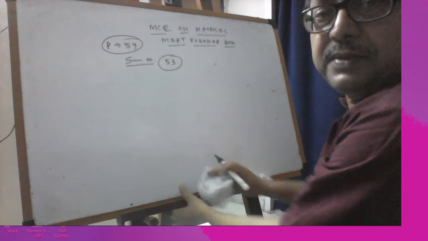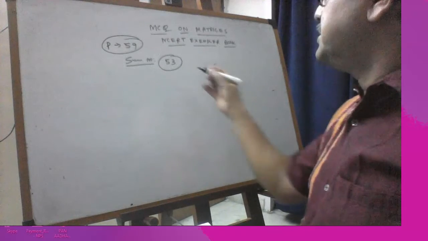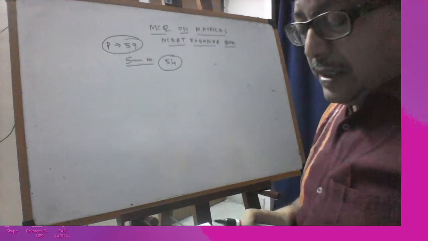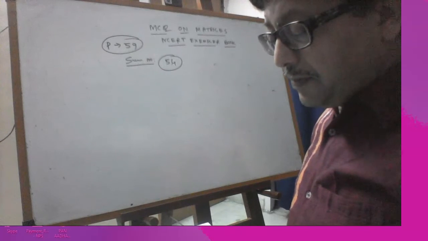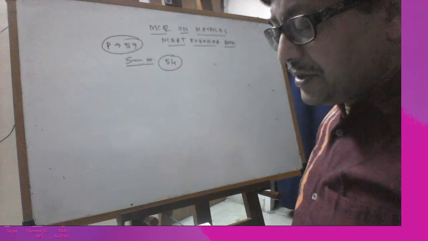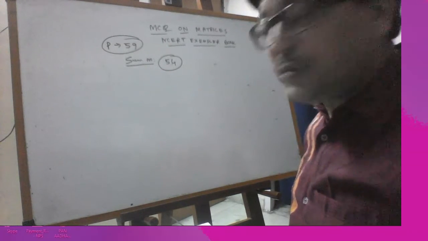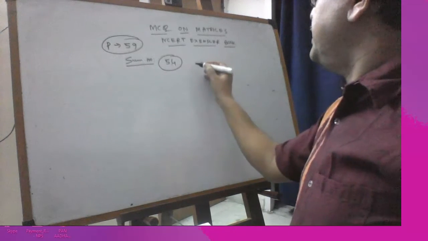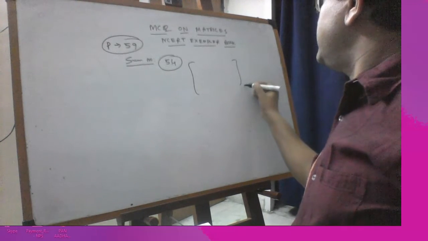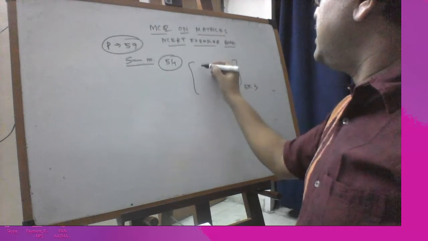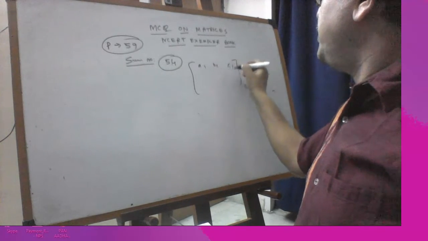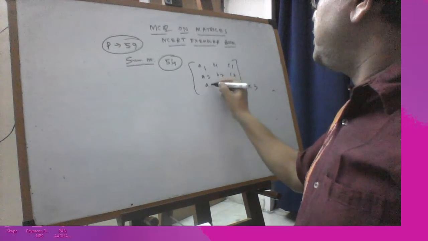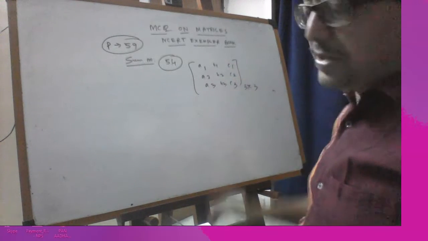In sum number 54, you can see that they have asked the number of possible matrices of order 3 cross 3 with each entry 2 or 0. So if I have taken a 3 cross 3 order matrix in this manner, how many elements are there? A1, B1, C1, A2, B2, C2, A3, B3, C3.